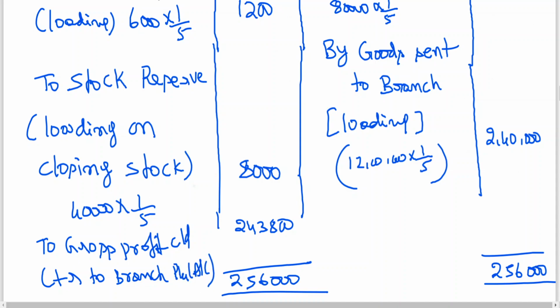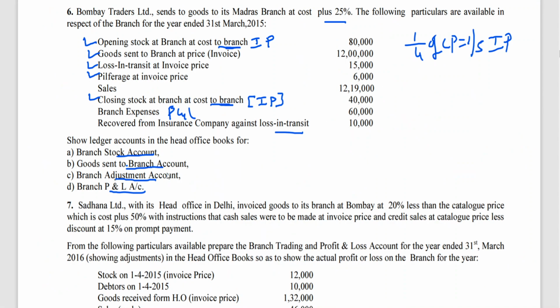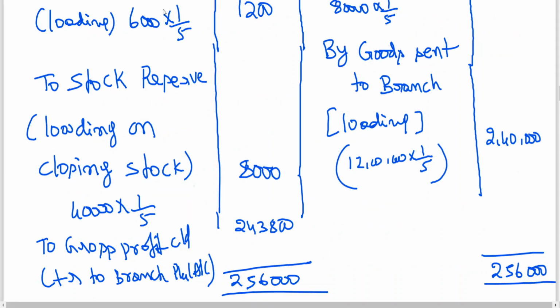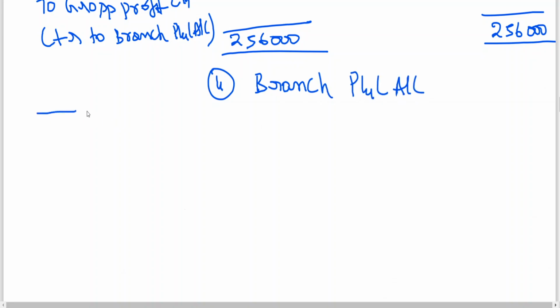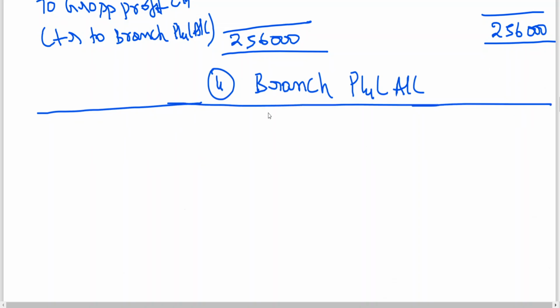Transfer to branch P&L account. The next, fourth account, branch P&L account, we need to open. You can see the entry.